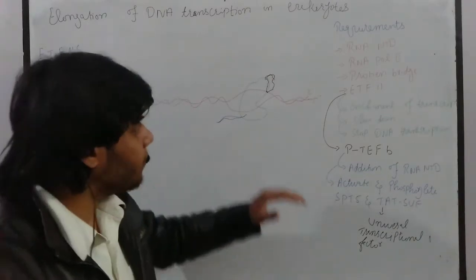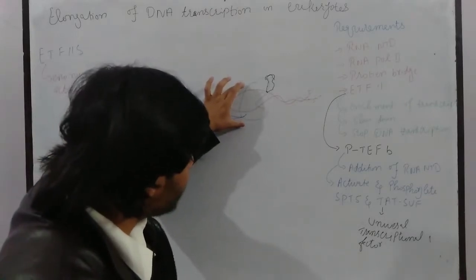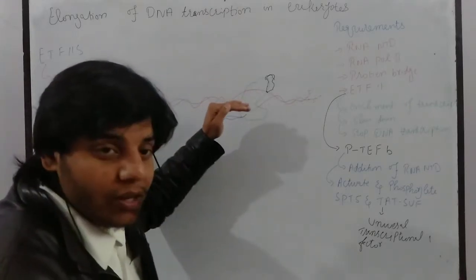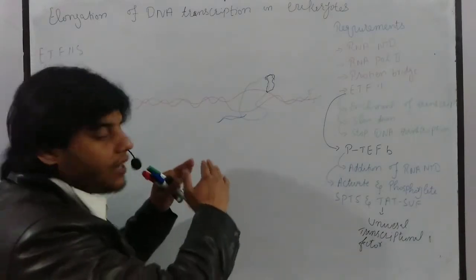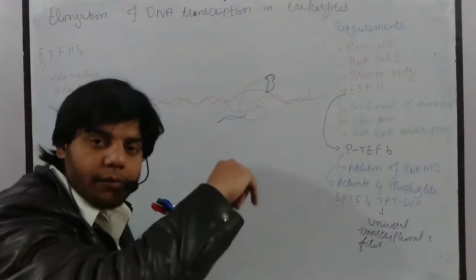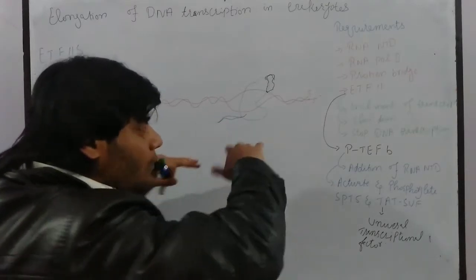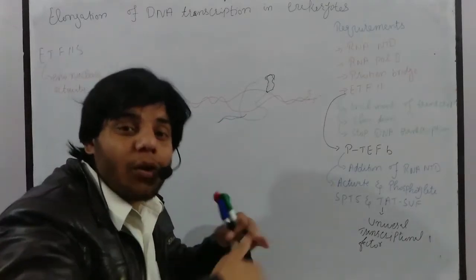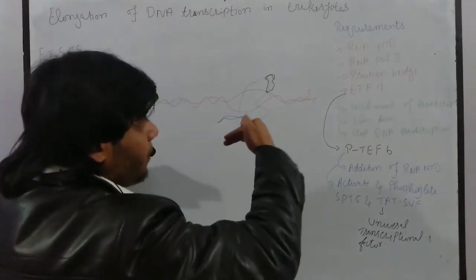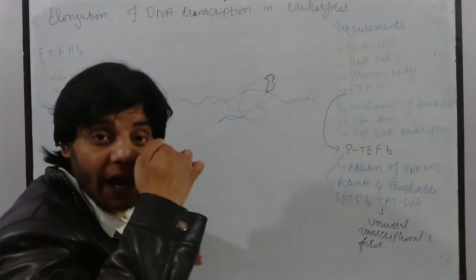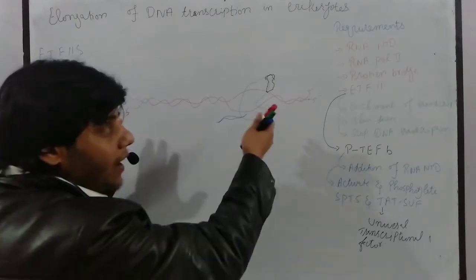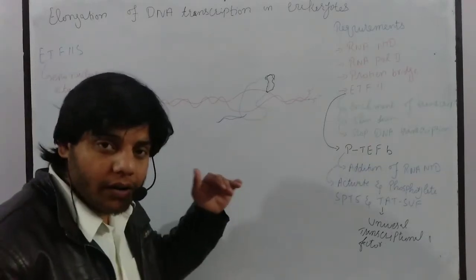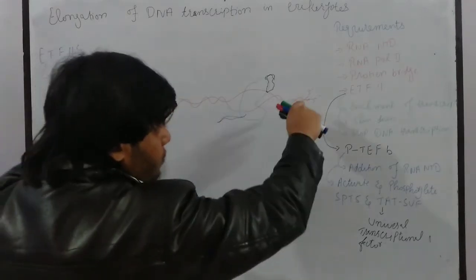So what happened? This RNA polymerase 2 has the ability to add nucleotides one after the other. If you remember, we talked about the DNA being bent, but once the elongation of transcription starts, the DNA will be linear in form, and again it will come back to its original form. So now the DNA is not bent anymore, and it is in its original form.